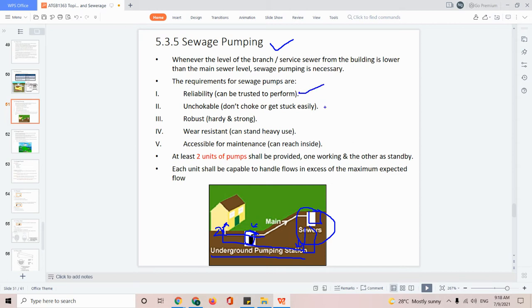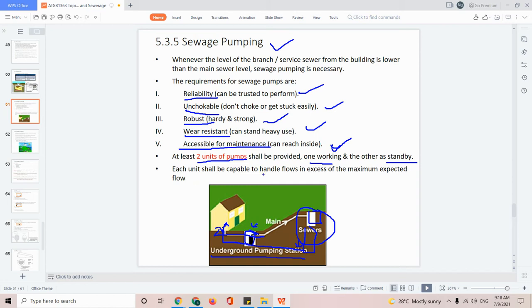We want our pump to meet these requirements: reliable, unchokable, robust, wear resistant, and accessible for maintenance. And we also want to have two units of pump, one for working, another for standby.